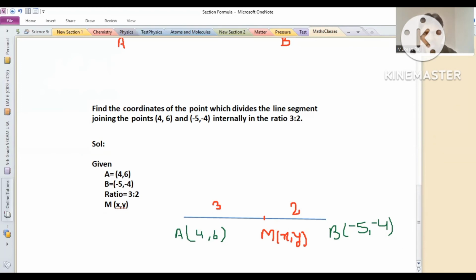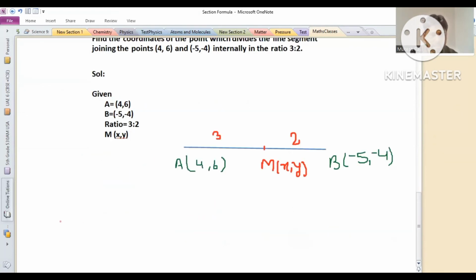Proceeding further, we will just apply that section formula and put the values respectively and see how the answer comes. I am just calculating for the x portion, M of x. We know that the first value of the ratio will always be m and the second value will be n.